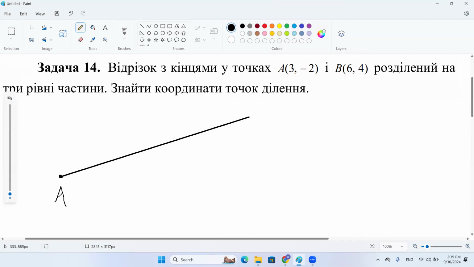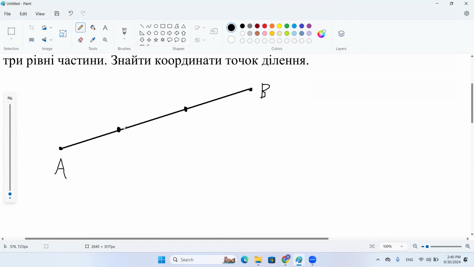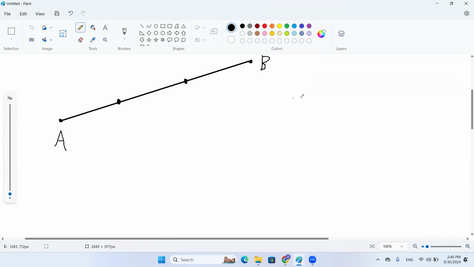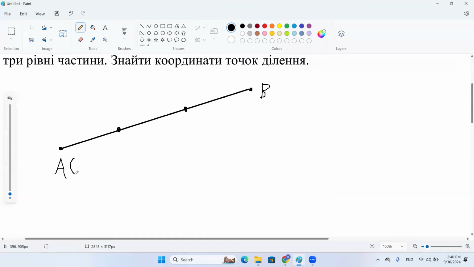So A, B, and divided into 3 equal parts. And we need to find coordinates of these points. How to solve?